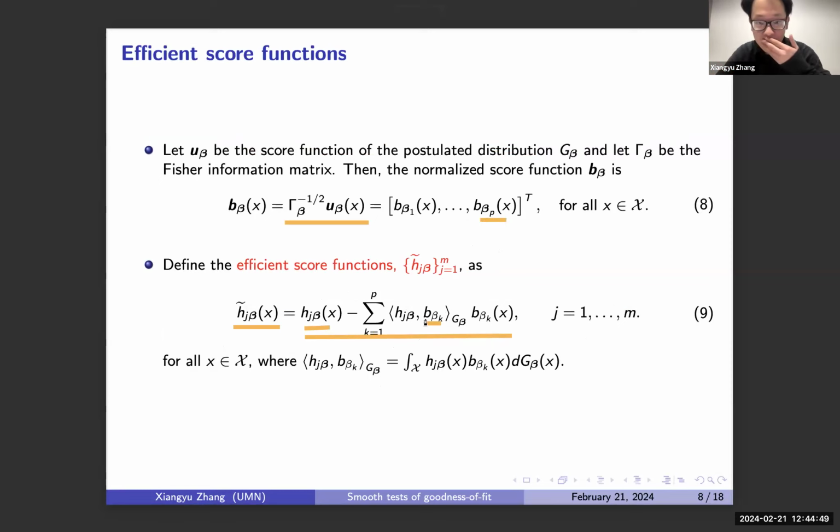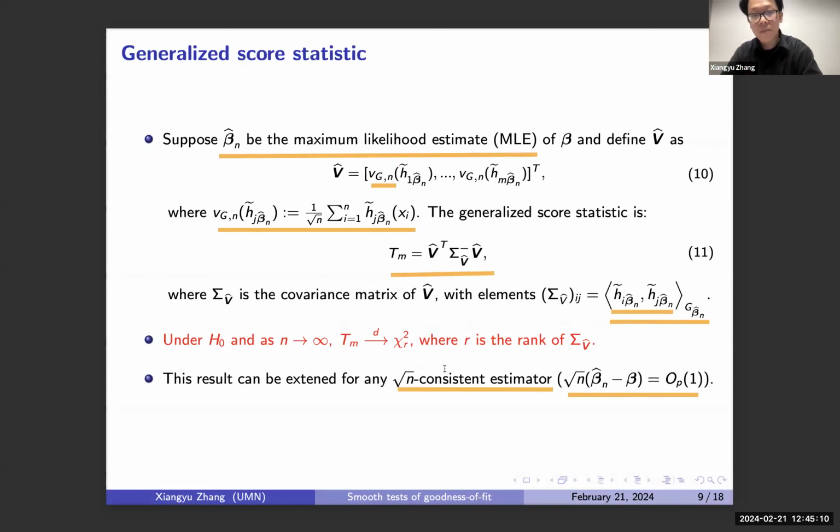And j is your number of m's. So basically you have p and m. You need to compare m and p. Usually m should be greater than p, so that if your m is greater than p and under the conditions that you are considering the MLE, this should have rank m minus p.